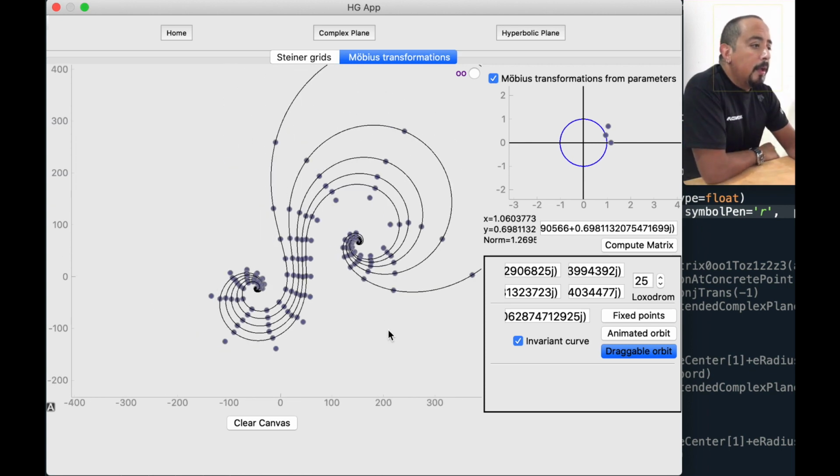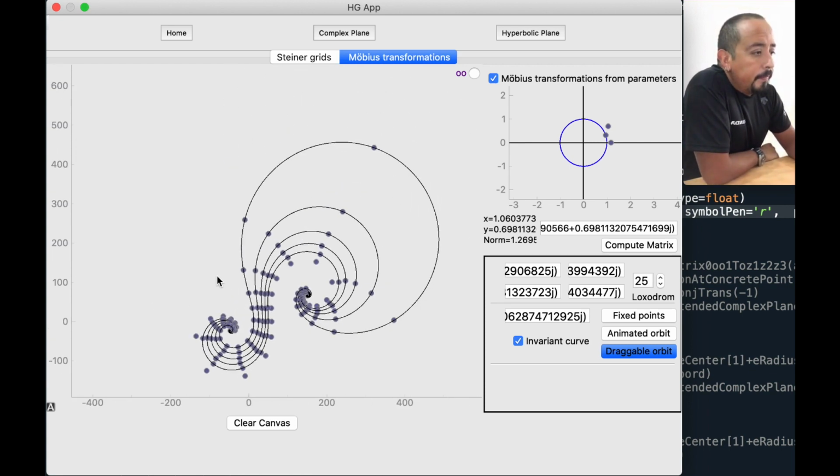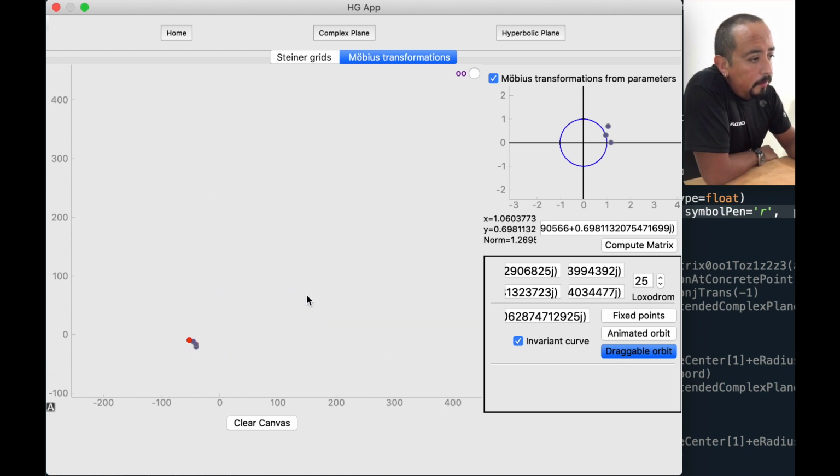Okay. And now animated, right? As I said, this one represents 0, this one represents infinity, this has norm greater than 1, so this means that this must be the repeller and this would be the attractor. So let's see. All right, so I hope it's clear enough. There you go.